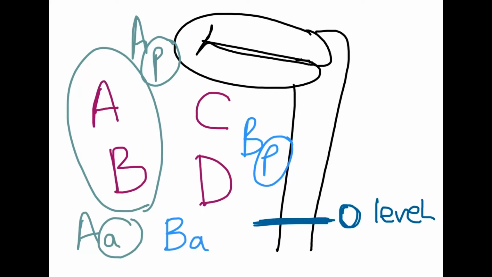So what's point A and what's point B? Let's draw the vagina again. So that is the uterus, and here is the vagina. And our reference will be the hymen, which is at level 0.